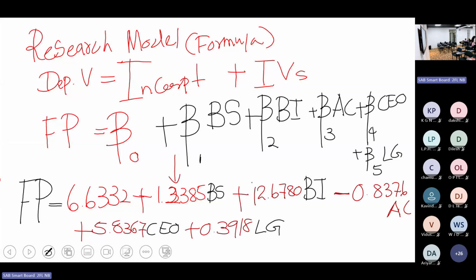Beta 1. Okay, write it down. If the company changes board size by 1 unit, firm financial performance will change by 1.2385 times.